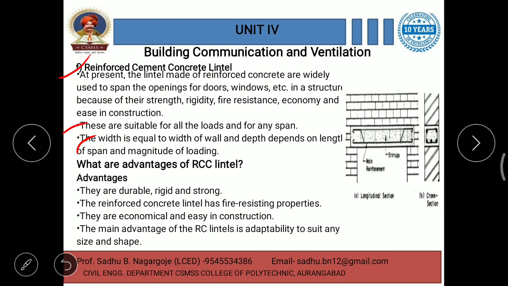Okay, then the advantages: they are durable, rigid, and strong. The reinforced concrete lintels have fire resisting properties. They are economical and easy in construction.